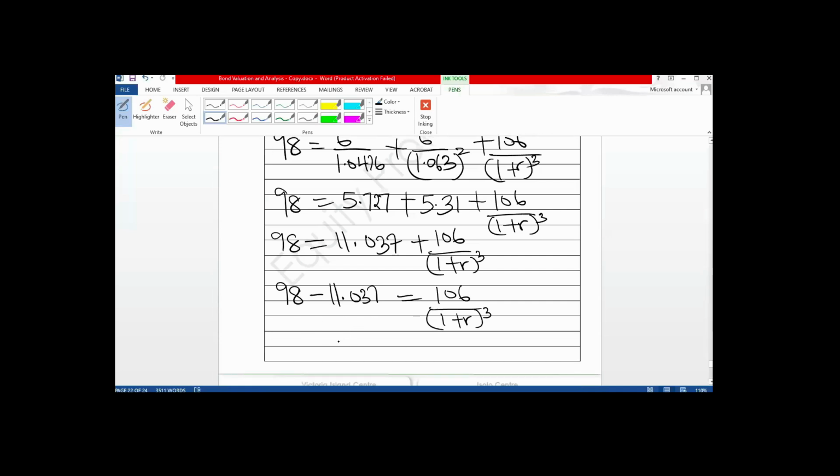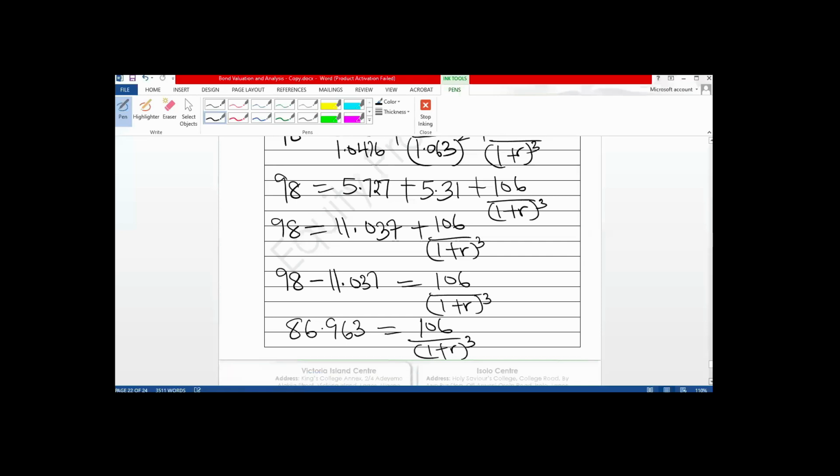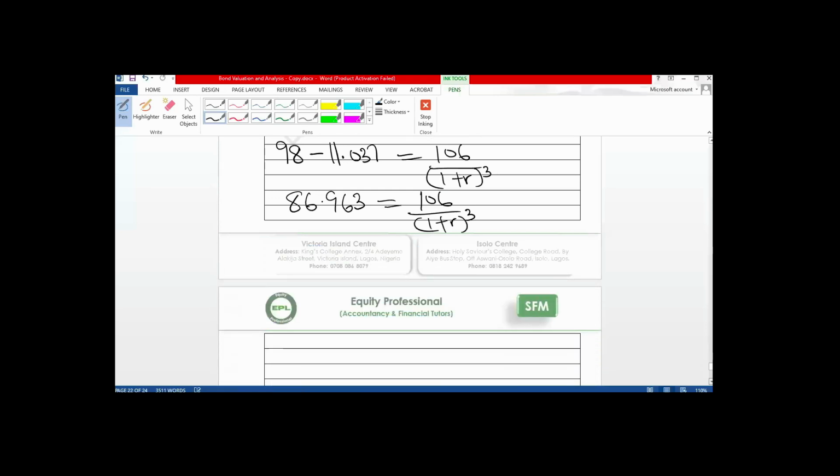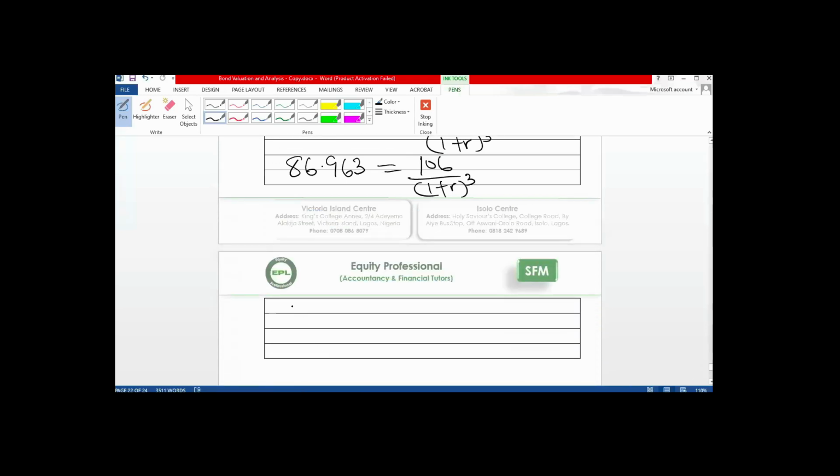The difference between the two is 86.963. So 86.963 equals 106 over 1 plus R raised to power 3. Cross multiply: 86.963 times 1 plus R raised to power 3 is equal to 106.